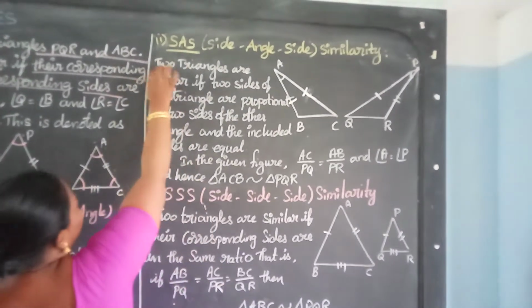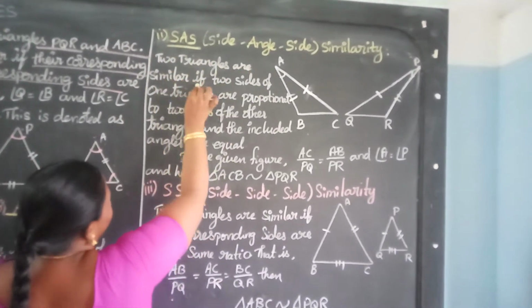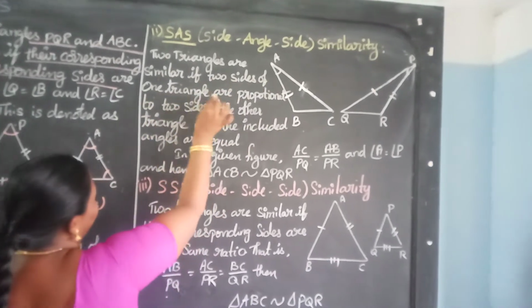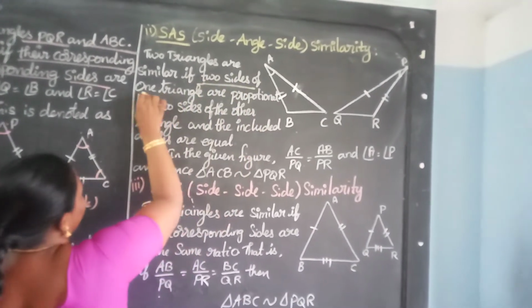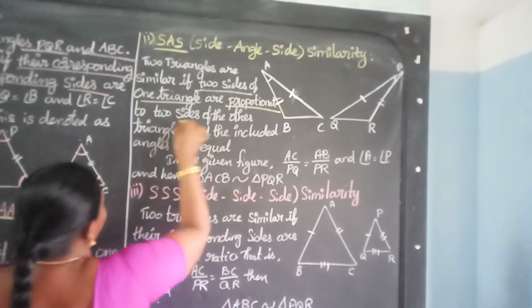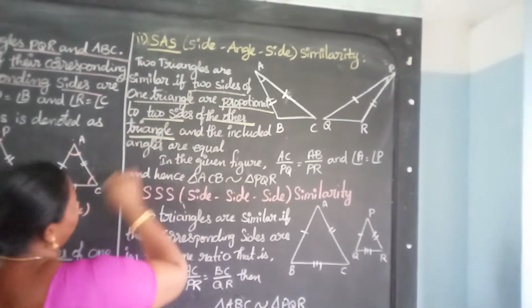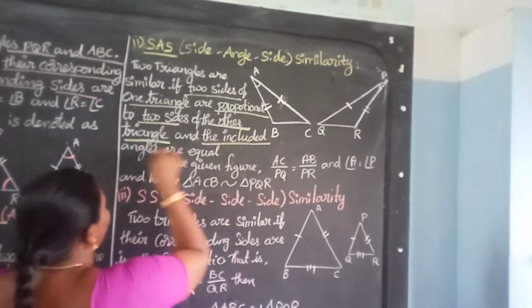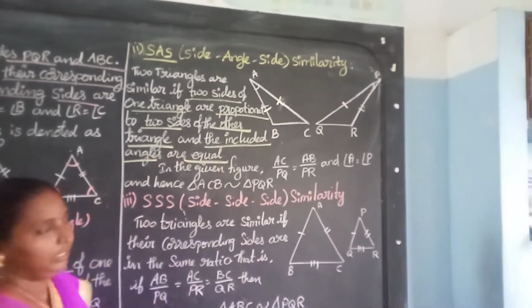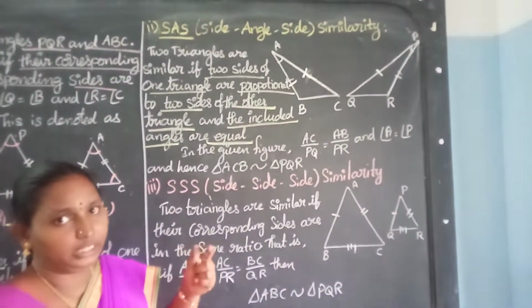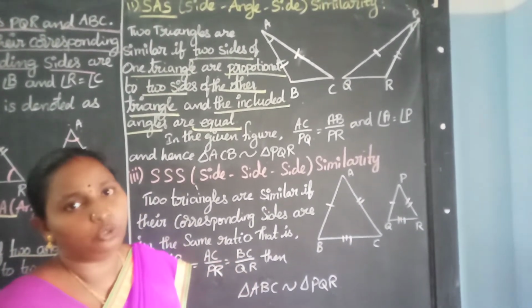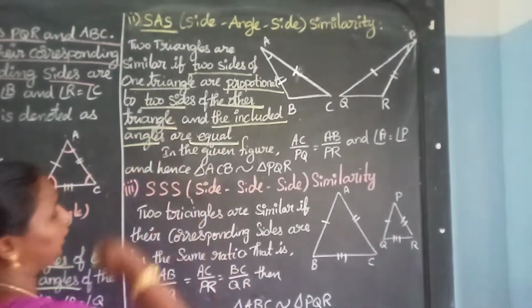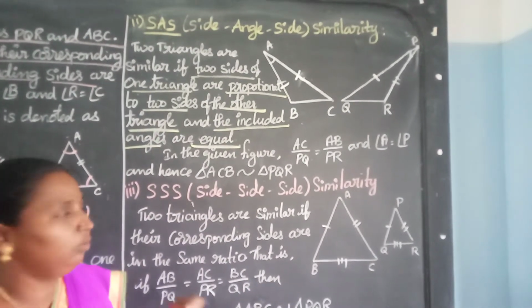Two triangles are similar if two sides of one triangle are proportional to two sides of the other triangle, and the included angle should be equal. Now we say that the two triangles are similar to each other.